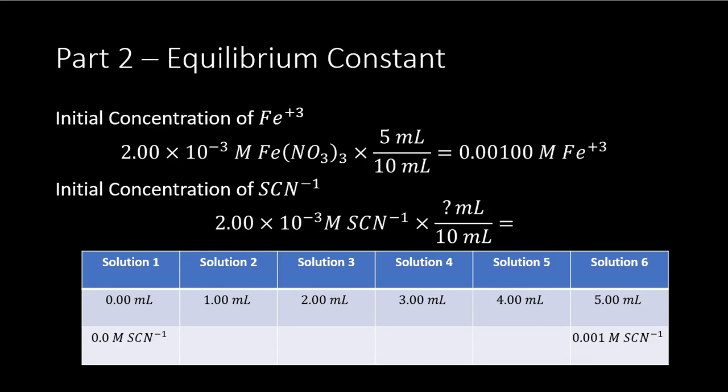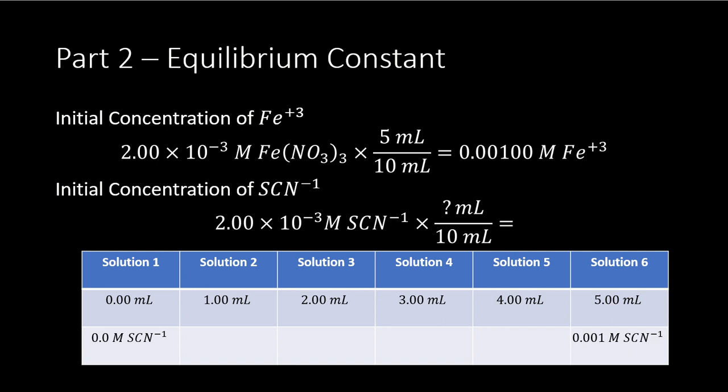In part 2, we are now going to be determining an equilibrium constant, and for this, we have the iron concentration at the start of our experiment. We're working with, again, 2 times 10 to the negative third molar iron nitrate.